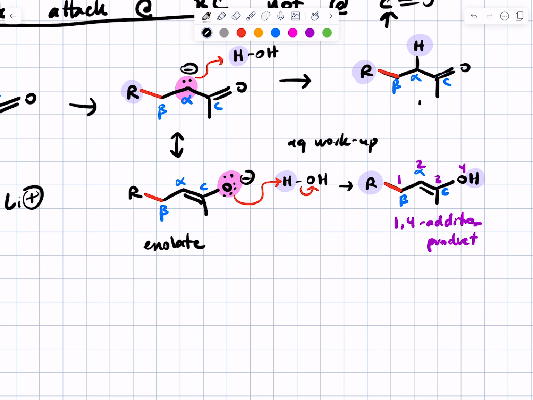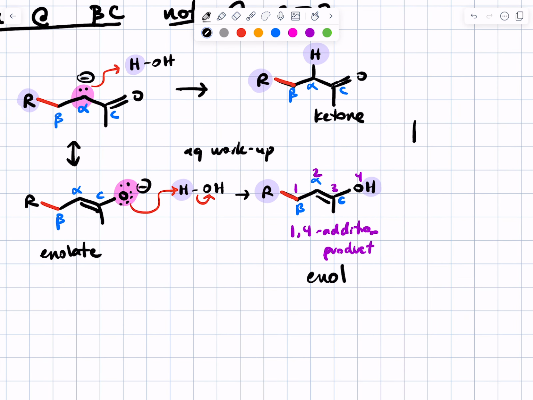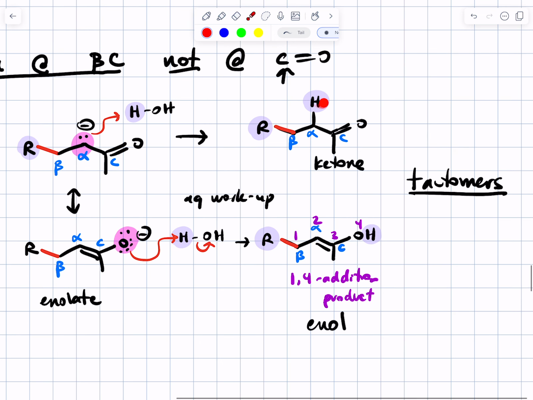The two products we have, one is a ketone, the other is what we call an enol, and these two are actually isomers of each other. They are called tautomers because they differ in the location of a pi bond, here in the ketone between carbon and oxygen, here in the enol between carbon and alpha carbon, and in the location of a proton, here on the alpha carbon, here on the oxygen.